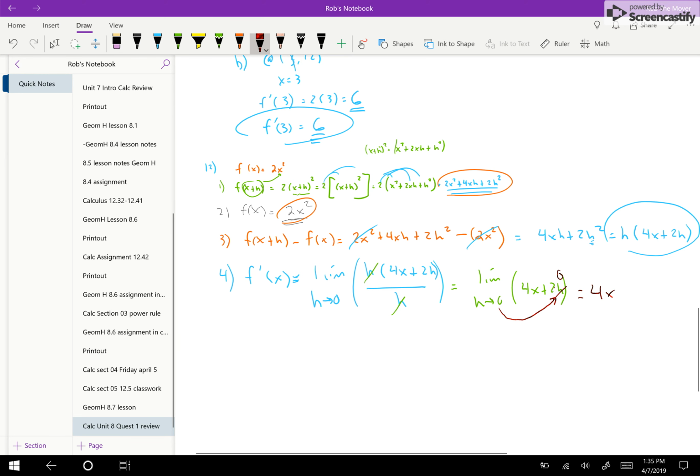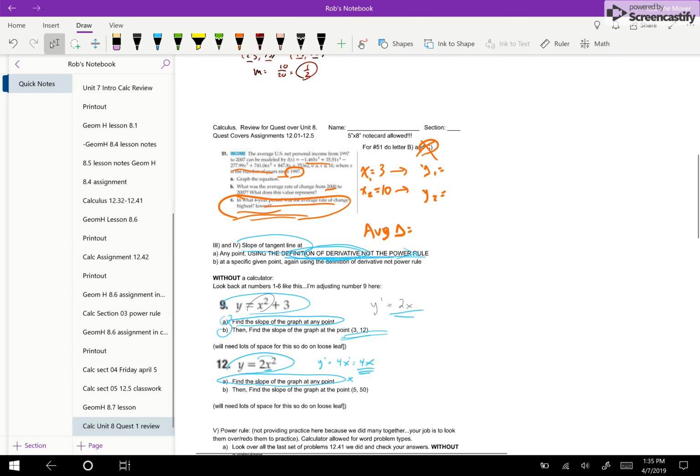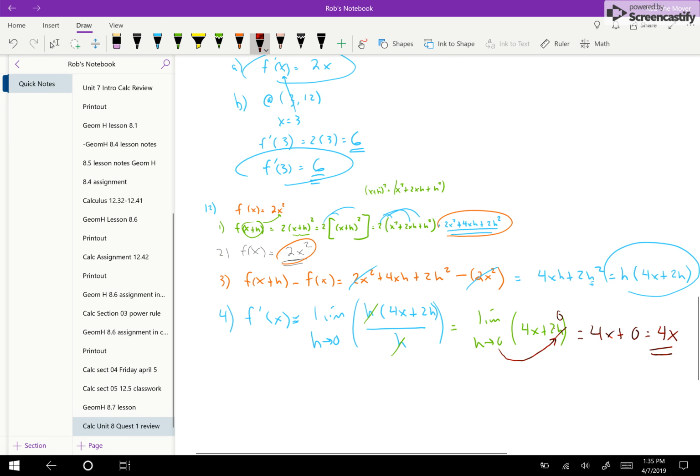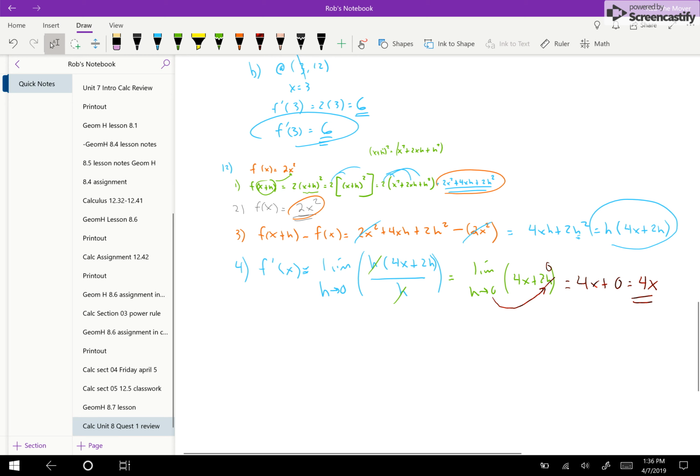So I get 4x plus 0, which is 4x. Beautiful thing. That is the same as what I thought. I thought that f prime of x or y prime would be 4x. Indeed, it is. All my algebra shows that clearly. I need to see all that happen algebraically for you guys to show me that that is what it is. Okay, that is part A of number 12.